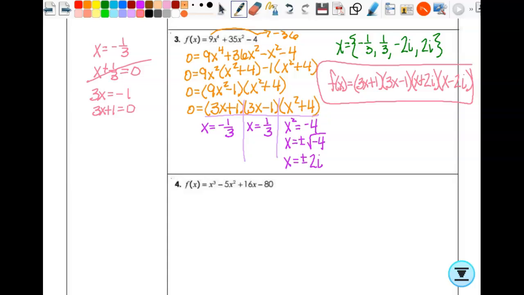I will work number 4 in just a minute, but I don't want you looking up here and just copying mine down. Don't look up and check it until you're done.